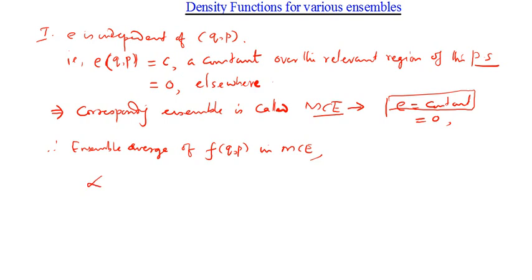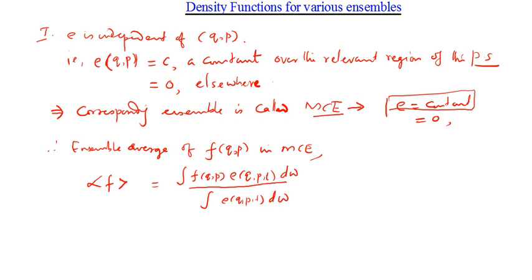We have the definition of the ensemble average. Hope you remember, we discussed the time average and the ensemble average, where the ensemble average is given by the integral of f(q,p) weighted over the density function rho(q,p,t) d omega, divided by the total number of members in the ensemble, that is, the integral of rho(q,p,t) d omega.